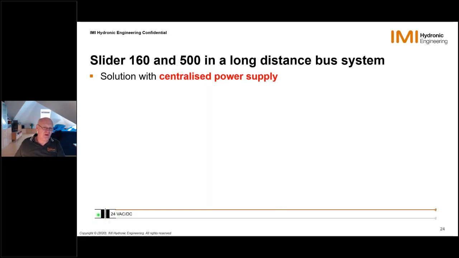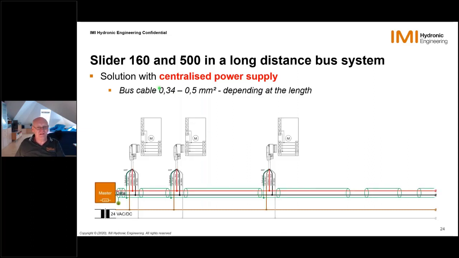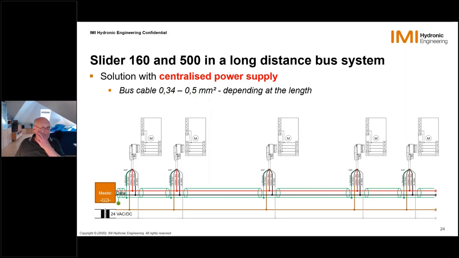We have a common transformer and two supply lines. I have used the same colors as in the A cable, brown and white. The bus cable itself should be between 0.34 and 0.5, depending on the lengths, of course.